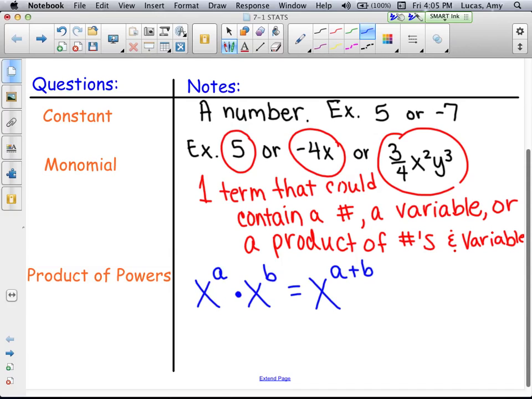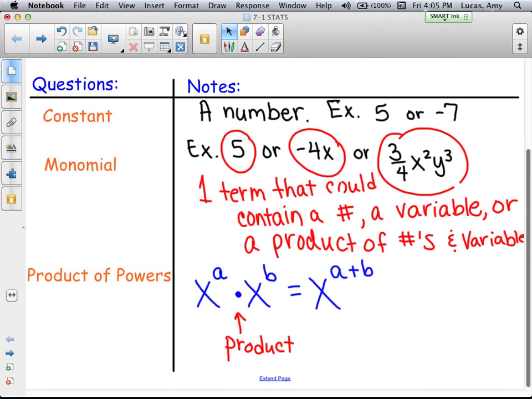So that's an example of the product of powers. So product is multiplying, and powers are terms with exponents on them. And you'll see in our next examples why that product of powers works, why it makes sense.